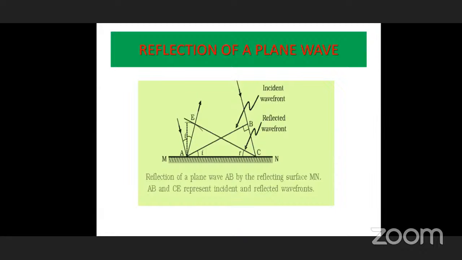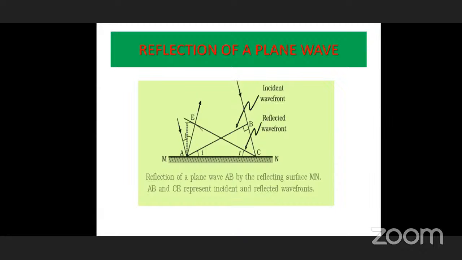Let us consider the normal N at A. NAE is between the reflected ray and the normal, on the side opposite the incident ray. So angle NAE is the reflected angle R.